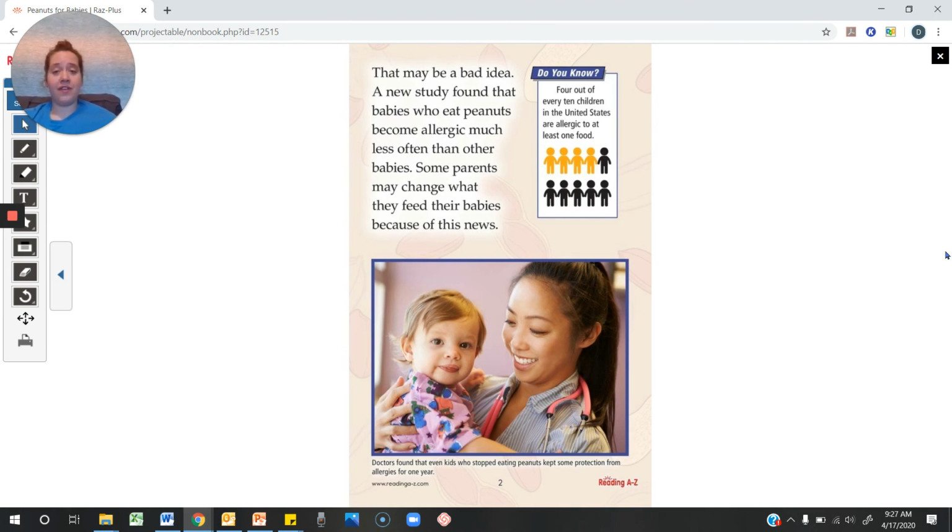A new study found that babies who eat peanuts become allergic much less often than other babies. Some parents may change what they feed their babies because of this news. Doctors found that even kids who stopped eating peanuts kept some protection from allergies for 1 year. Do you know 4 out of every 10 children in the United States are allergic to at least one food?